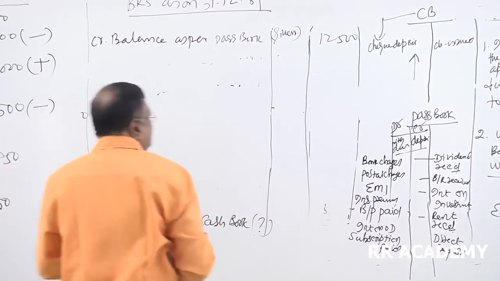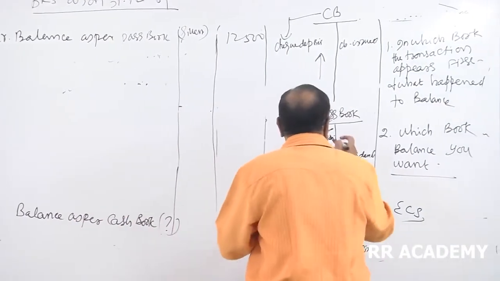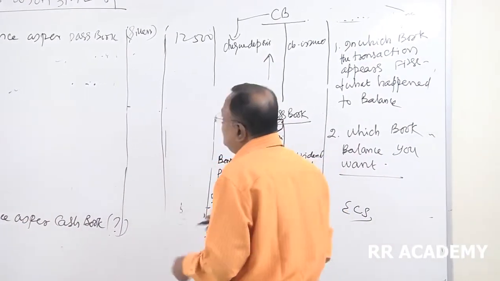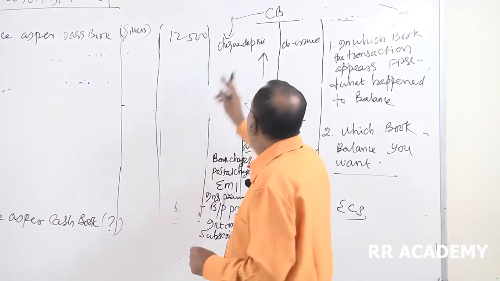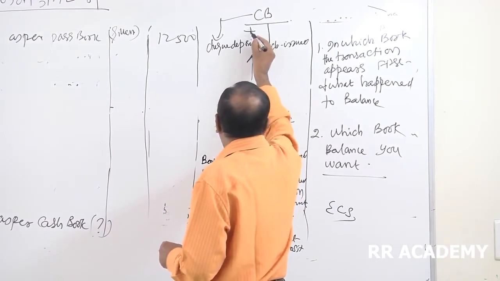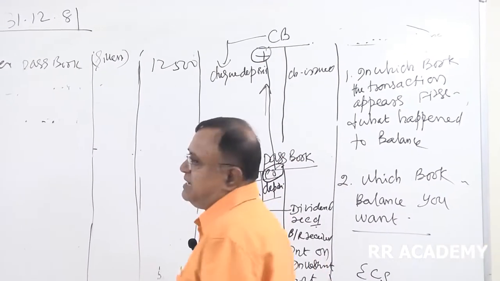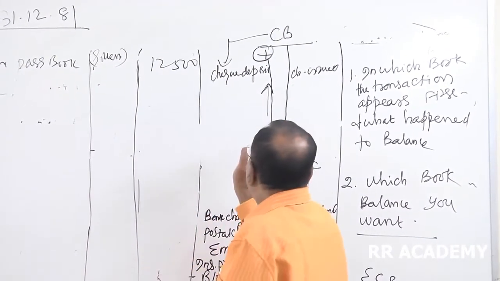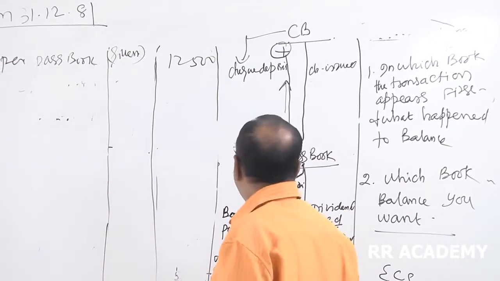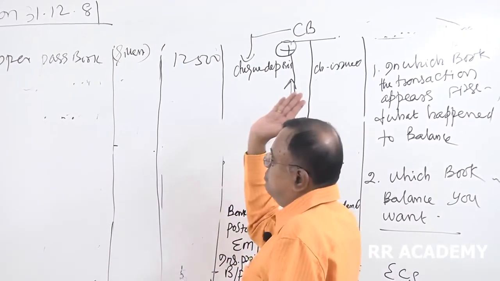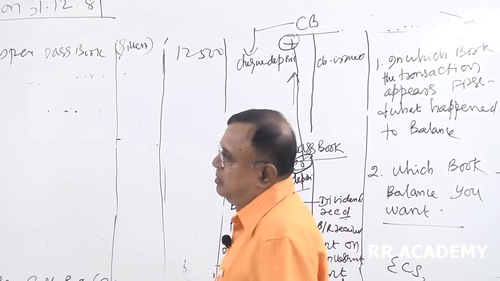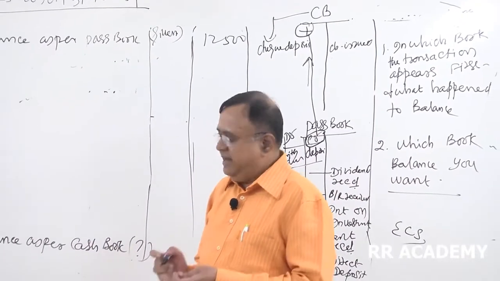What credit balance? Passbook credit balance. That means normal balance. Cash book debit balance. Passbook credit balance, both are same. Cash book receipts more, debit balance. Passbook credits more, credit balance. Both are same. Anyhow, I will explain.